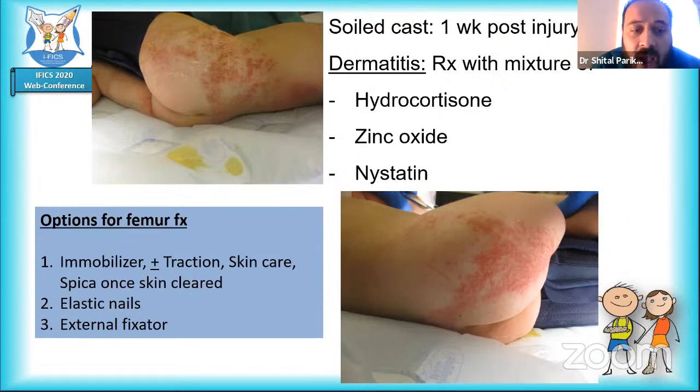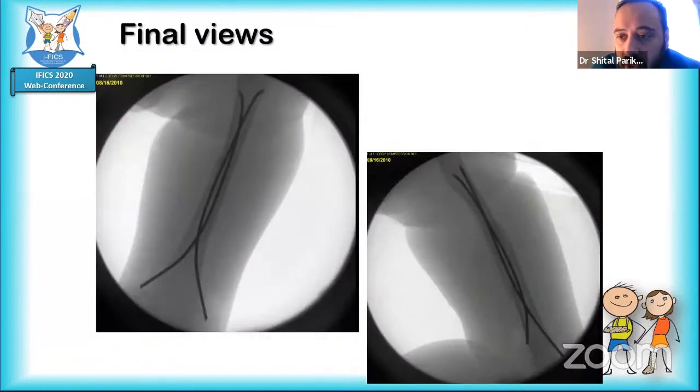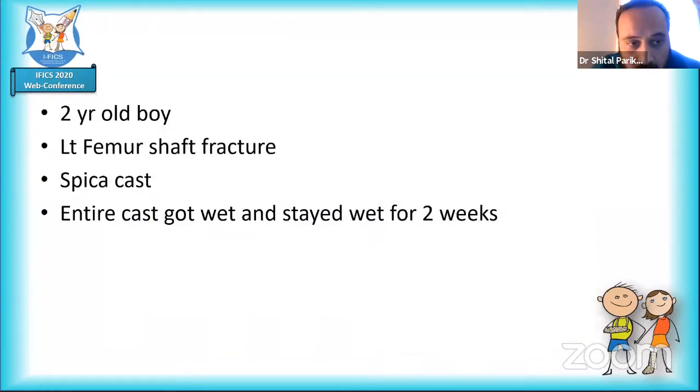I'm a little bit different from others in that even if you use elastic nailing in a very young child, you may not follow the principles of elastic nailing. You can get away just by putting one nail, and that should be sufficient. So this patient had 2 nails, but I had a patient with just 1 nail, very young child, skin issues, 1 nail and a splint, and that would be sufficient.